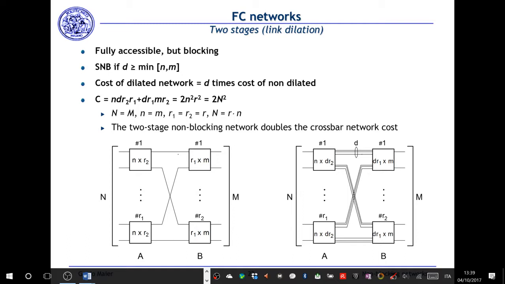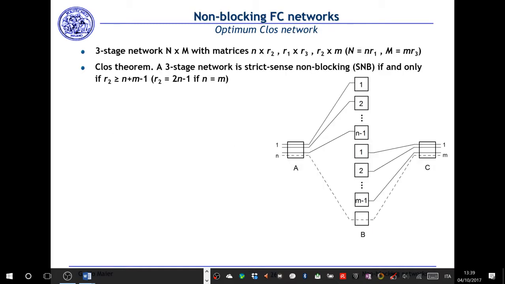Okay. So the two sets of matrices connected in the central stage are not overlapping, and therefore we have n minus 1 matrices hosting connections coming from the first stage, and m minus 1 hosting connections going to the last stage.